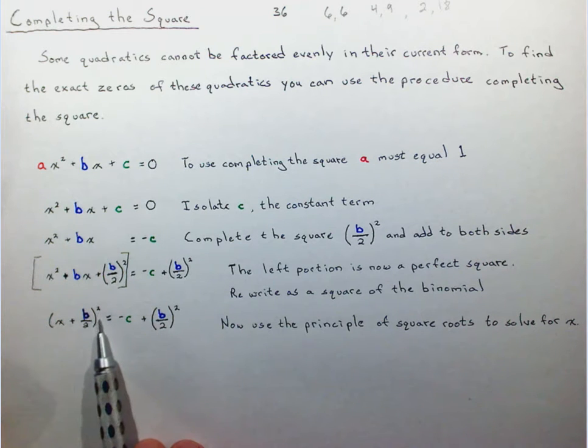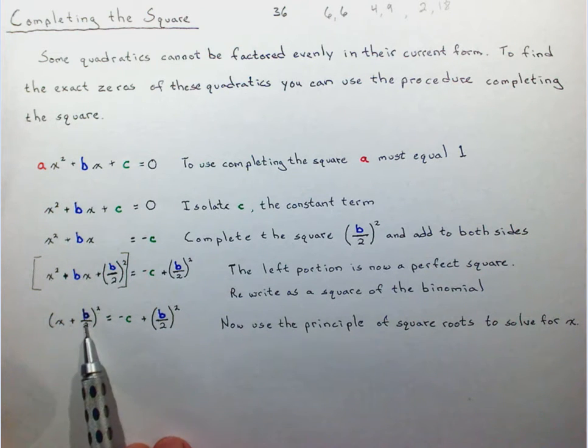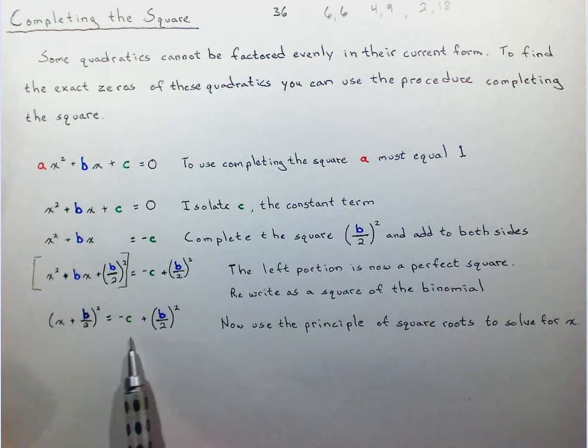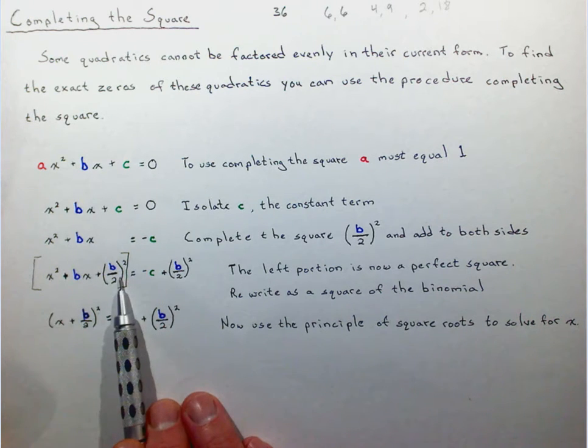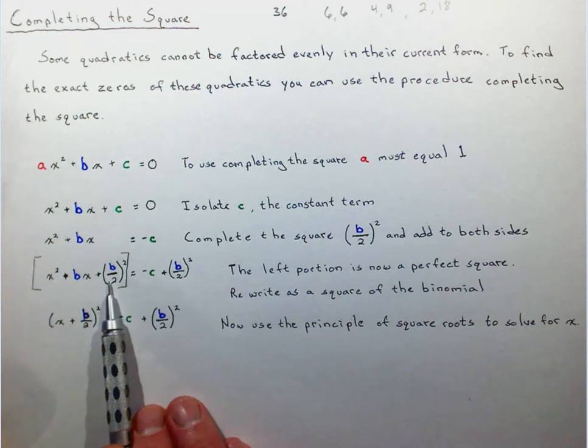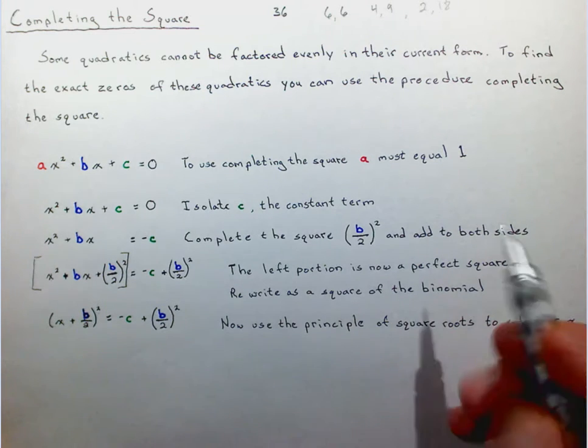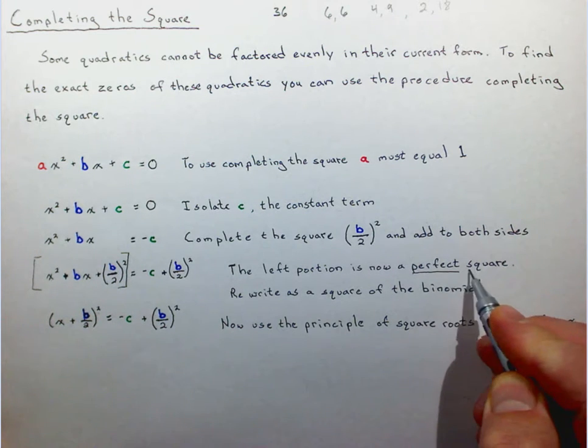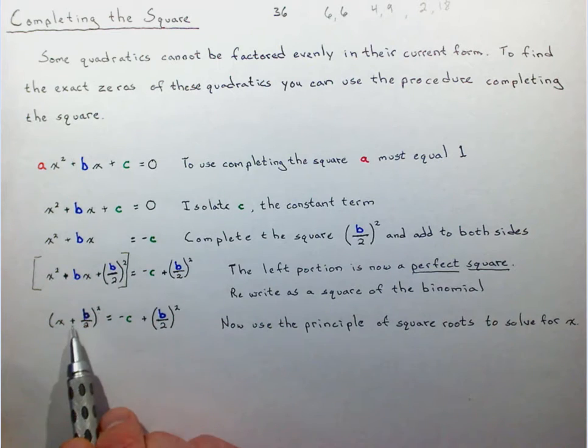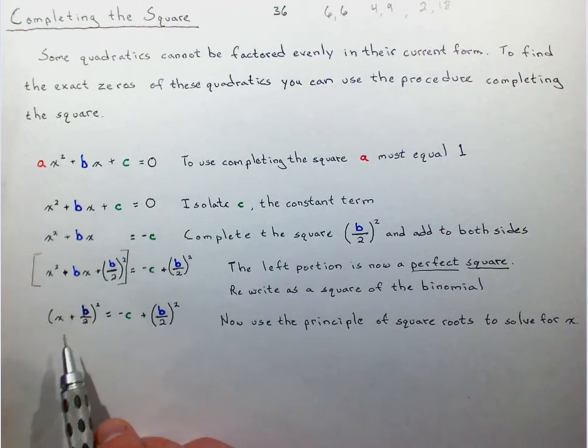If I actually write this out, x plus b divided by 2 times x plus b divided by 2, this is what I get. This right here is written as a perfect square. This is the factoring of a perfect square. Okay, so let's see that with an actual problem.